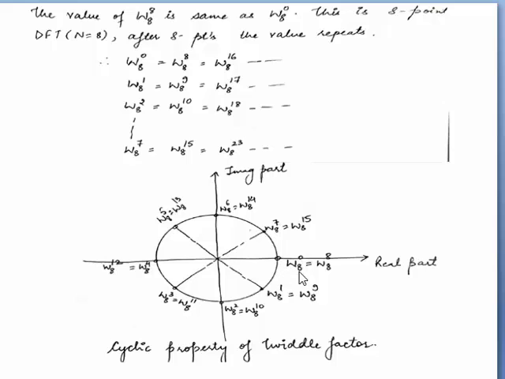So according to the twiddle factor, 0 value is equal to twiddle factor 8, because after 8 points the value of the twiddle factor repeats. Therefore twiddle factor 0 is equal to twiddle factor 8, 1 is equal to 9, 2 is equal to 10, and so on, 7 is equal to 15. This property of twiddle factor is called the periodicity property or cyclic property.